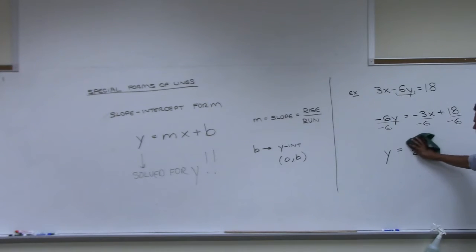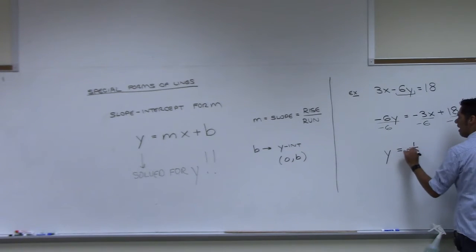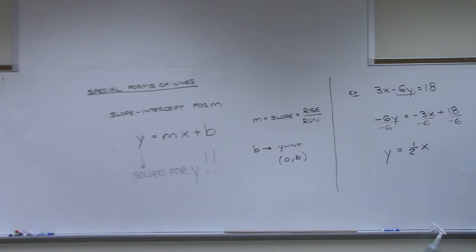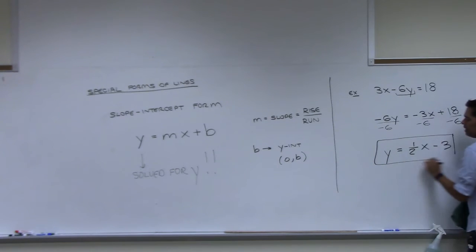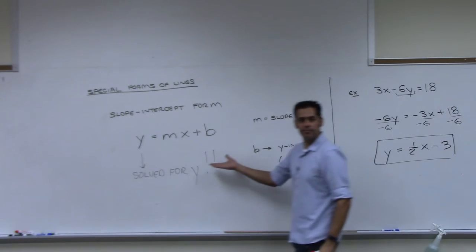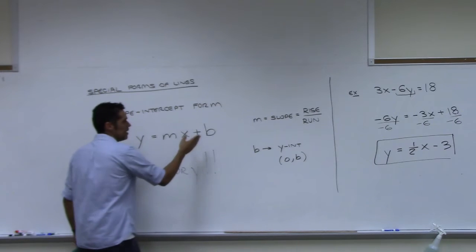We instead want to write it like this: 1/2 times x. That's the way we'd like to write that. And then over here, 18 divided by negative 6, minus 3. This is now in slope-intercept form, isn't it? It looks like this: y equals mx plus b.